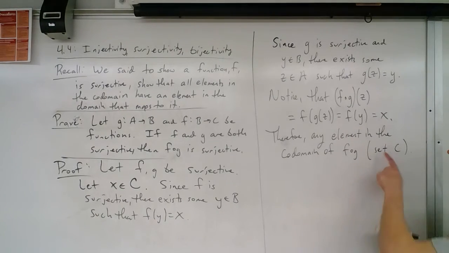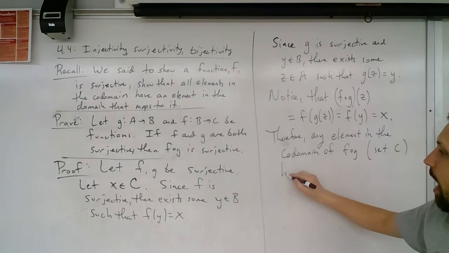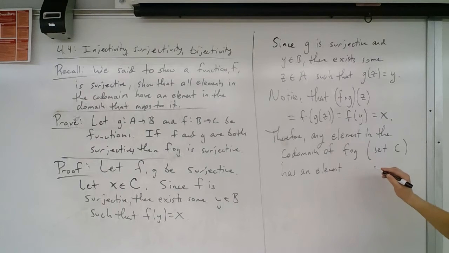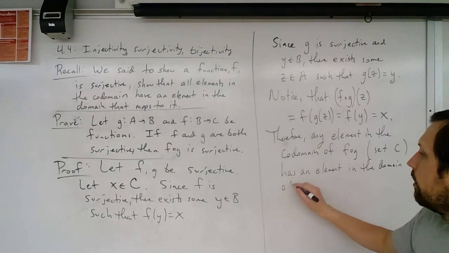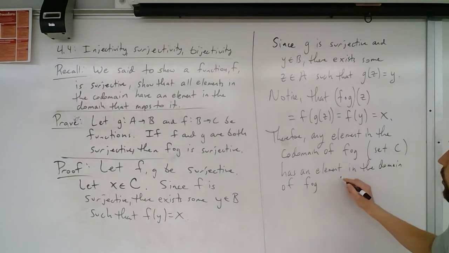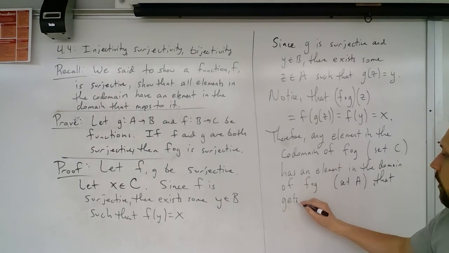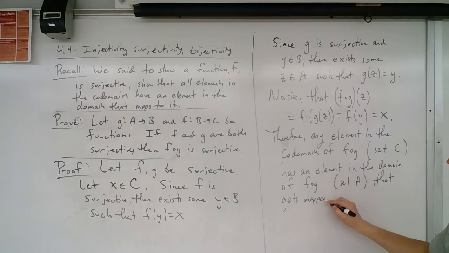So any element in the codomain of this has an element in the domain of F composed with G, which is in this case the set A, that gets mapped to it.